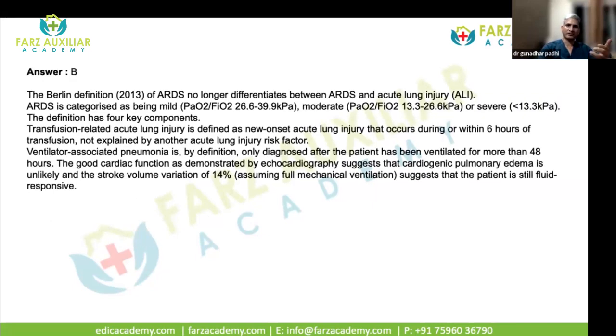The same thing I was telling you is written in the Berlin definition. These are clinical points where you have to look and see where an option is more fitting and where it is not fitting. So it is a purely clinical question.